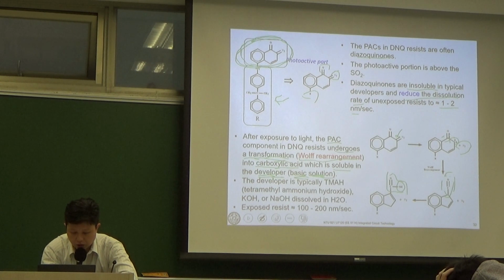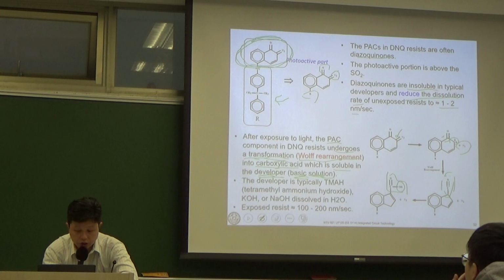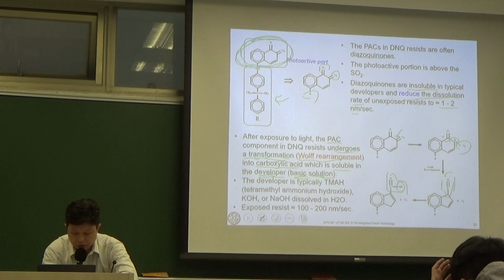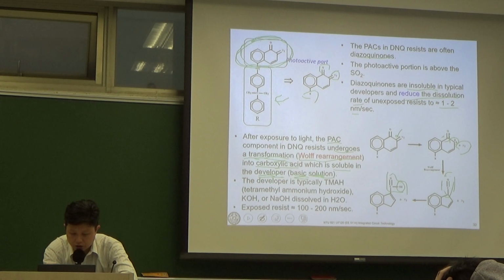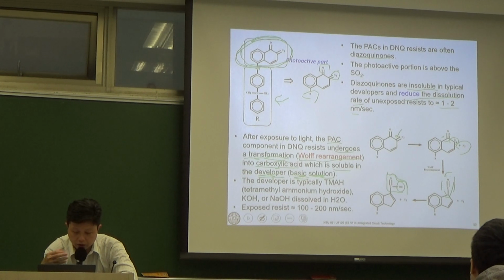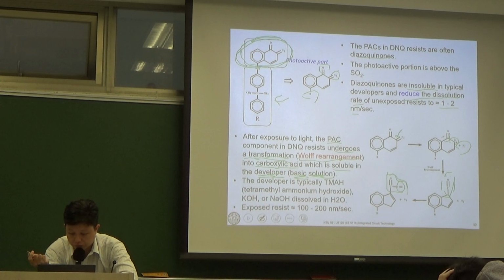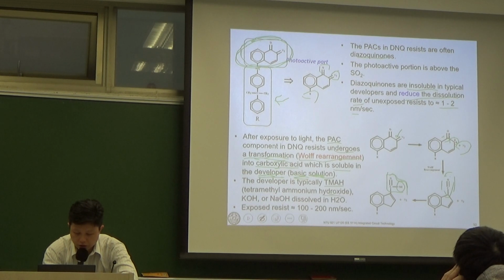Okay, this basic means base, 就碱啊，alkaline，也可以叫 base. So the developer is a basic solution, and this is the acid, so it becomes like a neutralization process when you do that in the developer, because this COOH will react with your developer, and developer is typically this TMAH, okay, this tetramethyl ammonium hydroxide, or this KOH and NaOH based.